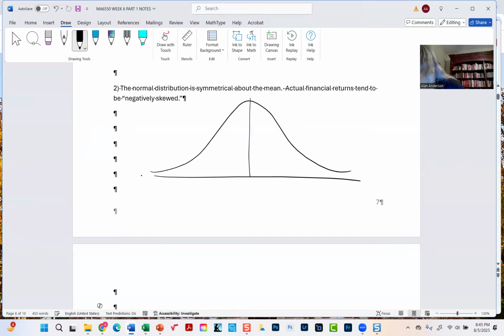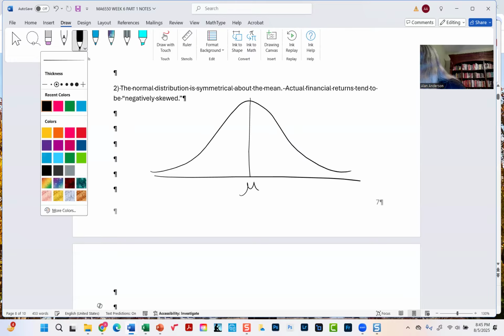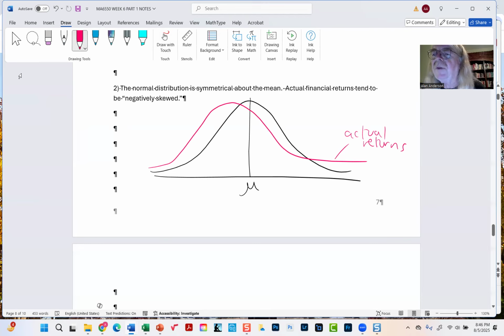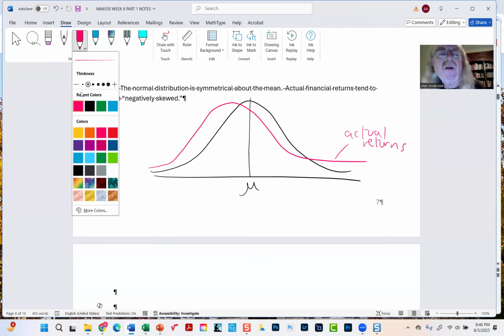Here's the normal, and then the actual returns look something like this. So the probability of getting a negative return is higher than you would expect with the normal distribution. Now that's not a perfect graph by any means, but you get the sense that with actual returns, there's an imbalance where there tend to be more negative returns than positive, or at least more returns that are inconsistent with normality.